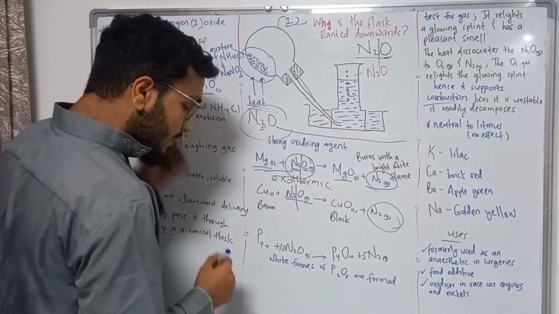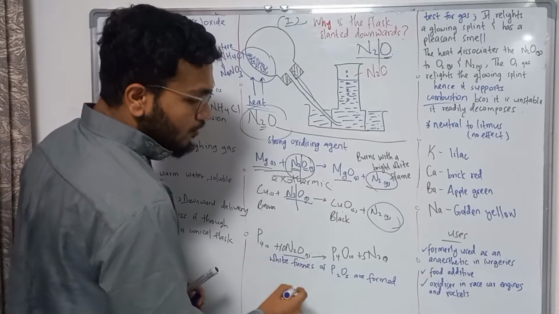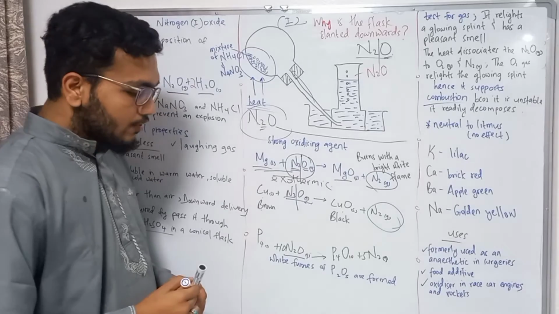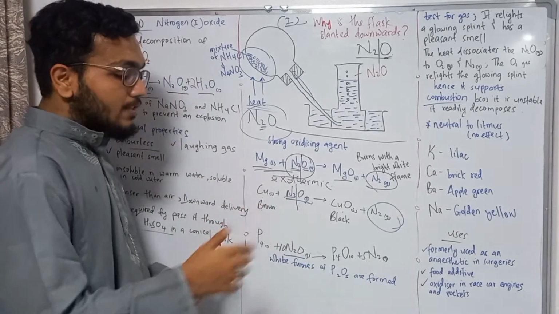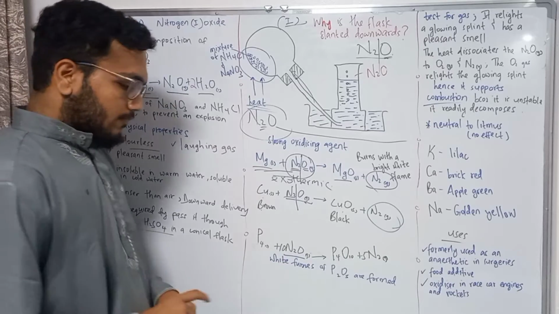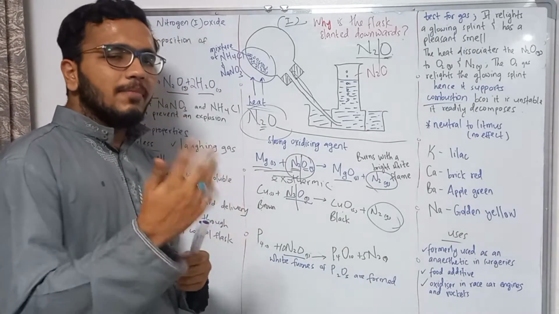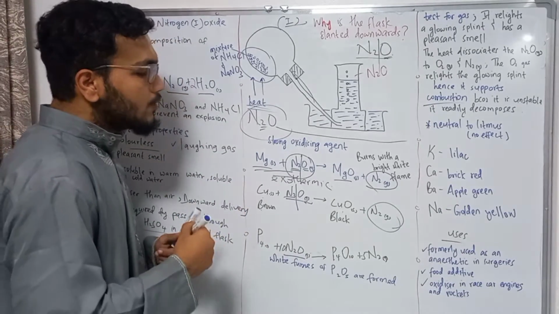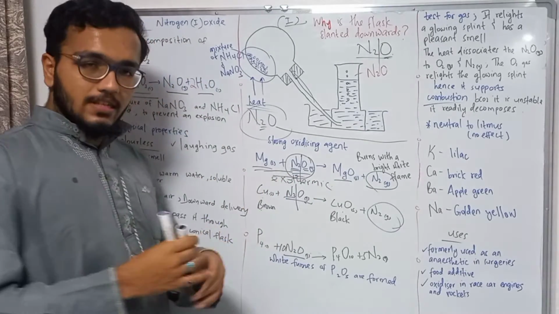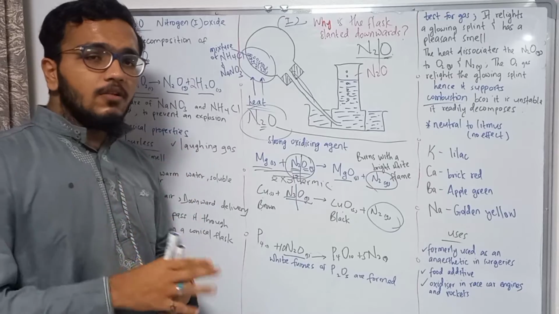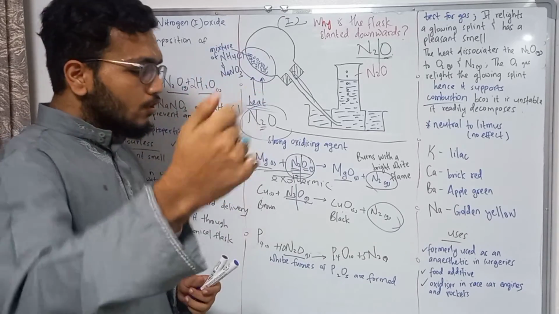Phosphorus reacts with nitrogen 1 oxide to give phosphorus 5 oxide and nitrogen. White fumes of phosphorus 5 oxide are formed. So in any reaction, any metal or any non-metal burned with N2O, you should know that N2O does support combustion because it is unstable and the bonds are broken down, and hence oxygen supports combustion.